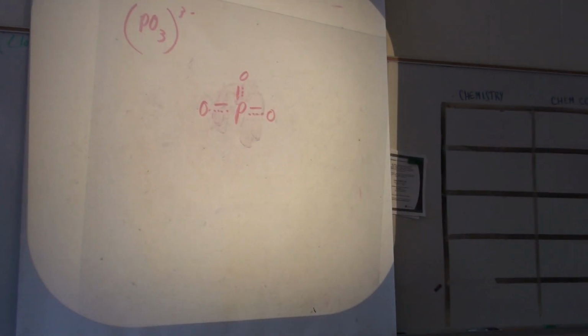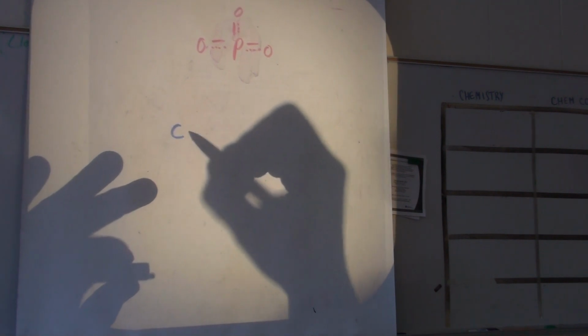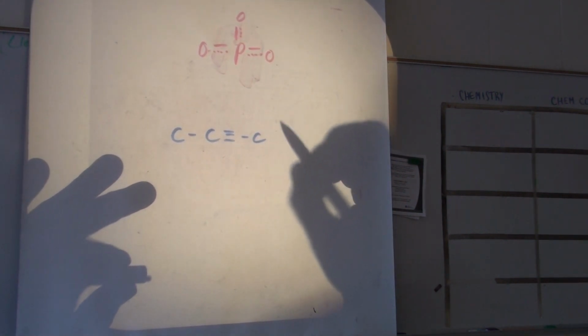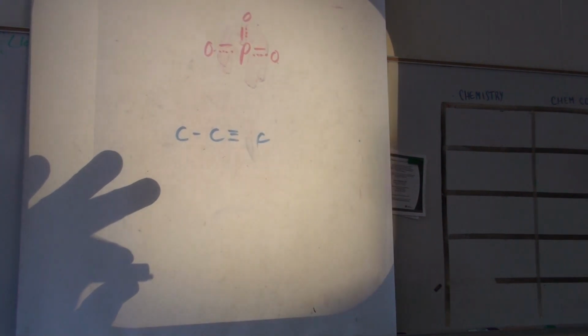What about triple bonds? Triple bonds, you can have resonating triple bonds. It's not as common. And the only ones that I know of involve carbon. A situation something like this. Where sometimes the triple bond can, wait a minute, I'm missing something here.